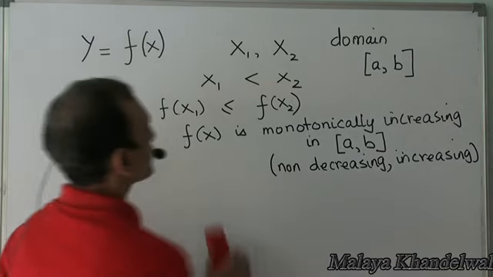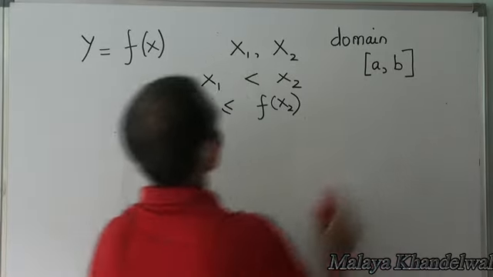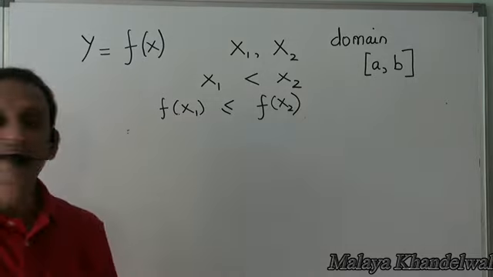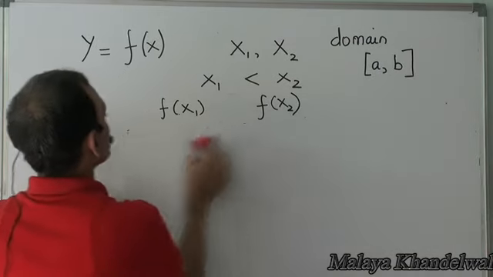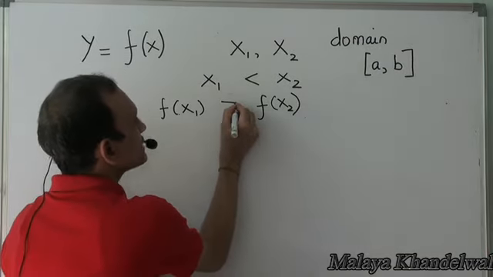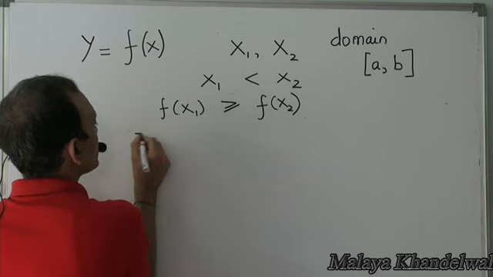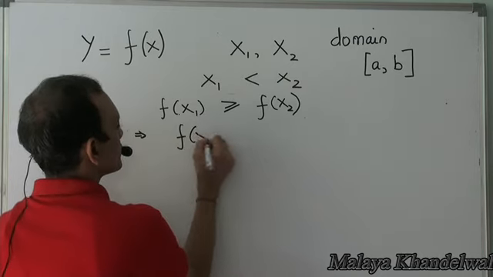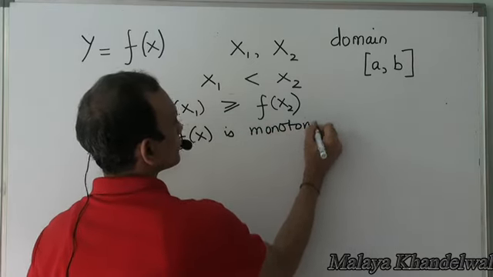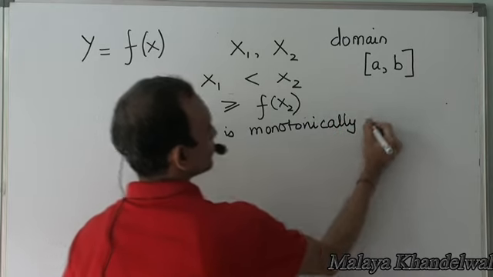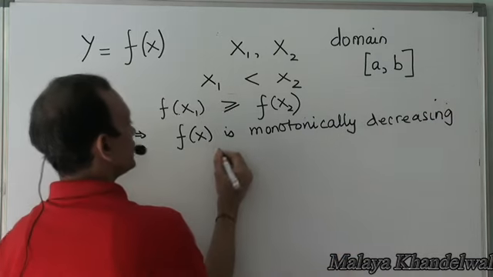Similarly, for every x1 and x2 selected in the interval a to b, which is, let's say, part of the domain of the function, if I find that f(x1) is greater than or equal to f(x2), I say f(x) is monotonically decreasing in the interval a to b.